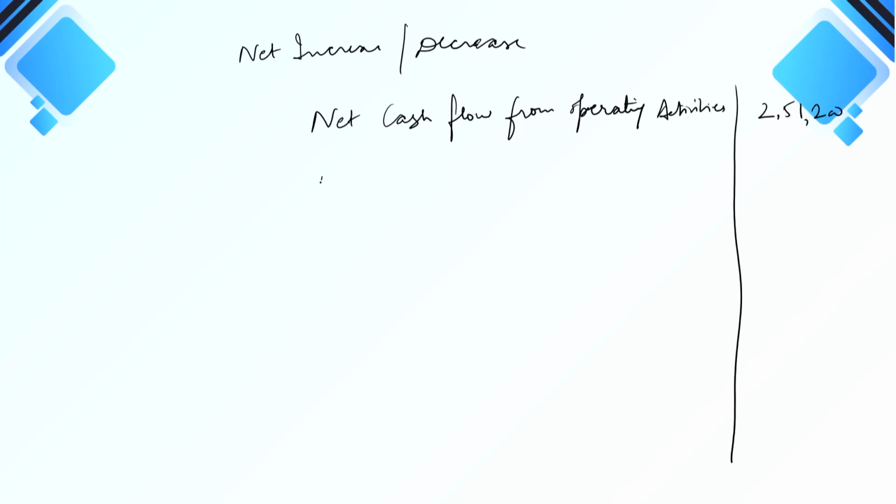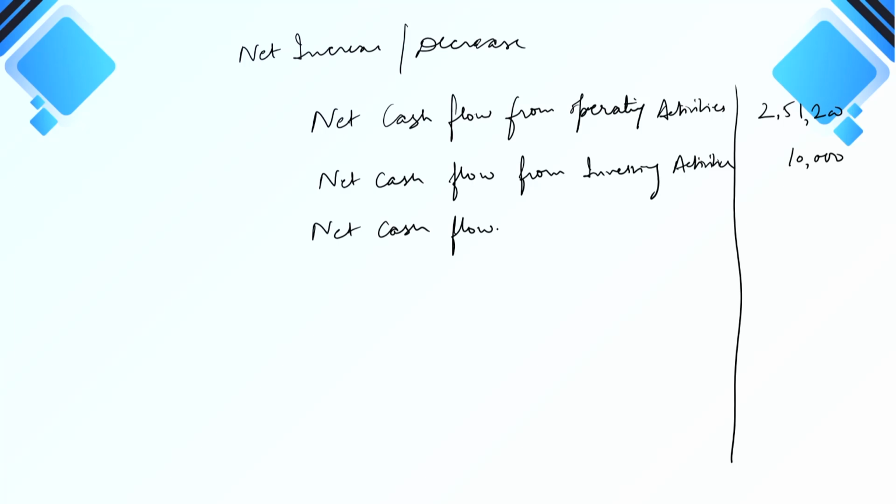Then we computed net cash flow from investing activities, which was 10,000 rupees. That is a positive figure. So last we computed net cash flow from financing activity, which is 50,000.